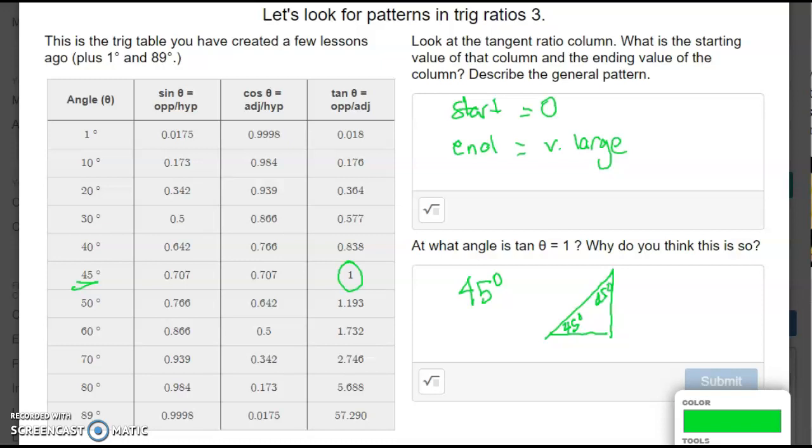The opposite side, if this is x, this is also going to be x because this is an isosceles triangle, right? So x divided by x is just going to be 1 always. That is the reason at 45 degrees it does not matter how big the side lengths are. The tangent of 45 degrees is always 1.